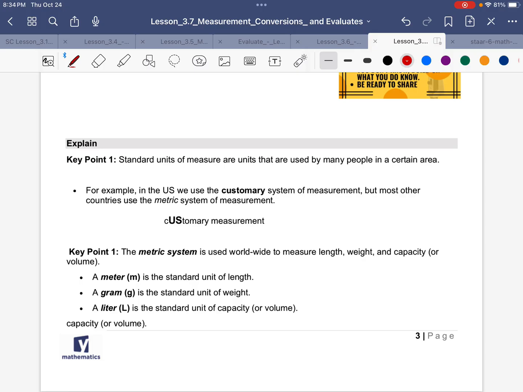I guess that's how they want you to remember it here, customary, U.S. The metric system is used worldwide to measure length, weight, and capacity or volume. A meter is a standard unit of length. A gram is a standard unit of weight. A liter is the standard unit of capacity or volume.